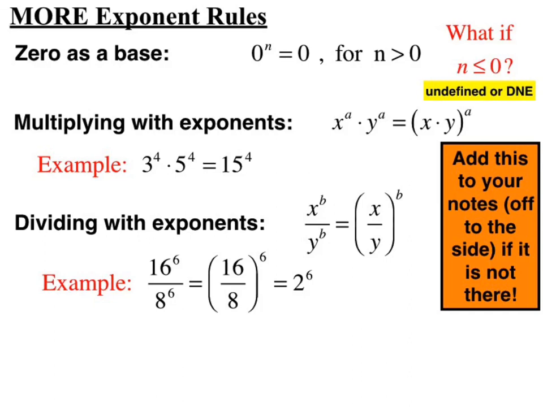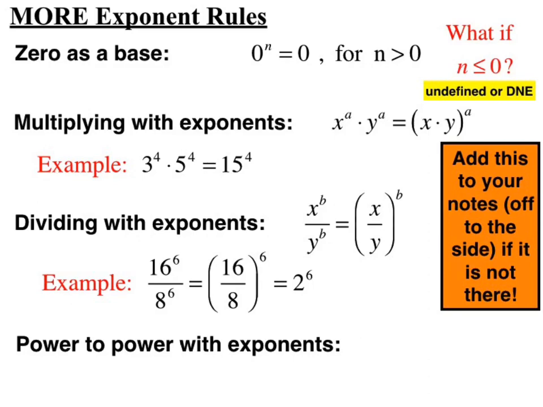So if you had 16 to the 6th over 8 to the 6th, notice that the bases are different but the exponent is the same. So we can think of that as 16 over 8, all of that to the 6th power. 16 over 8 is 2, and so that is 2 to the 6th power. Okay? And then what if you have a power to a power with exponents, like x to the a to the b power?